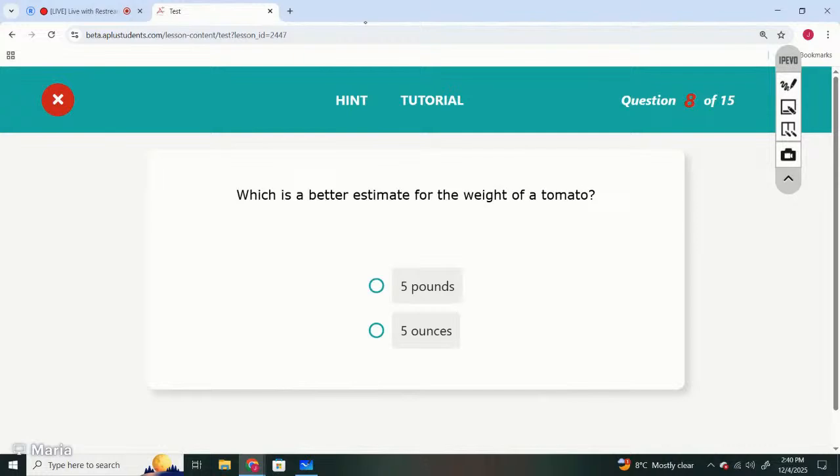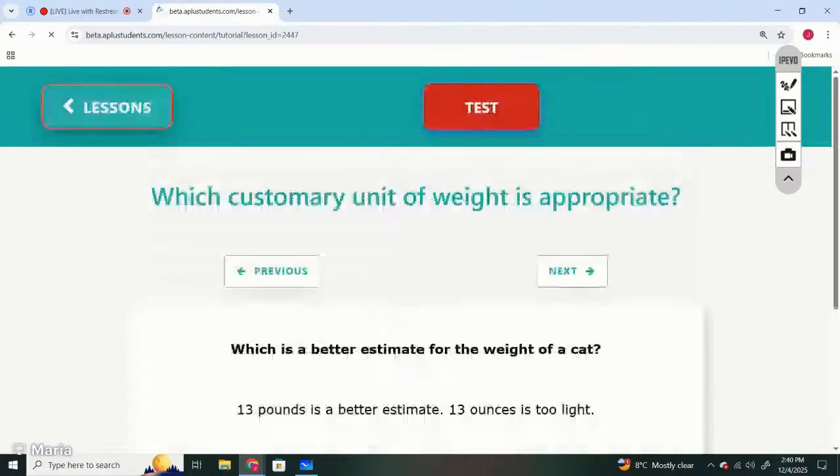The better estimate for the weight of the tomato would be 5 ounces. Okay, you can complete the lesson by yourself later today.